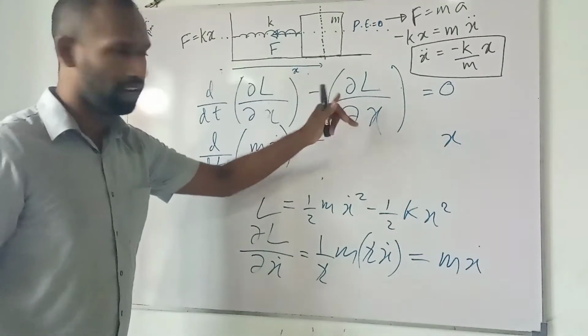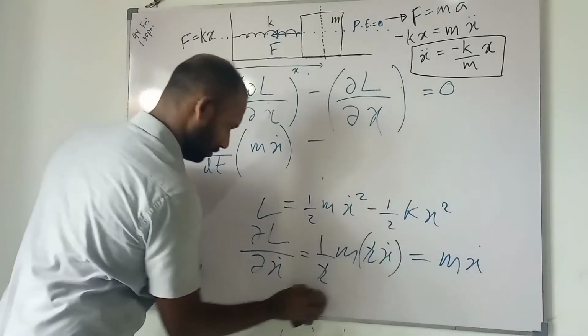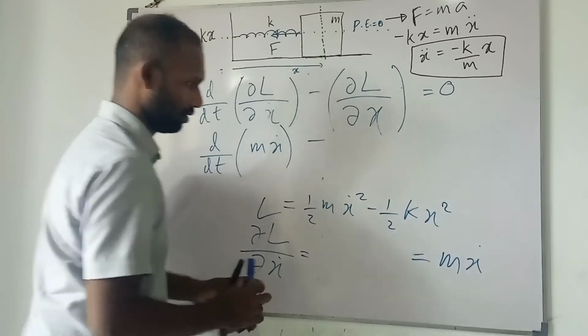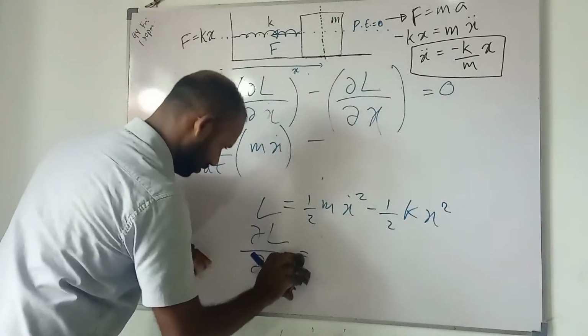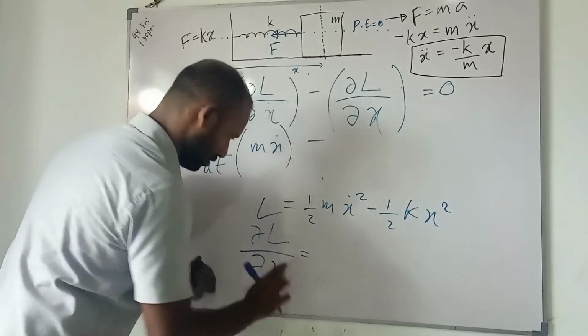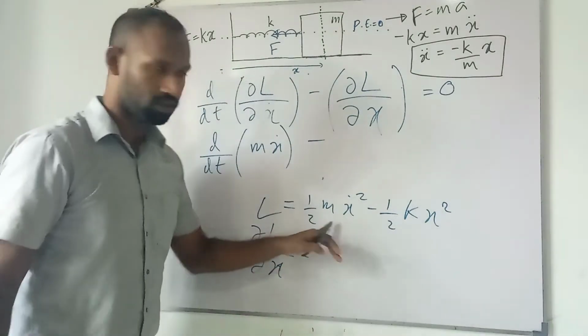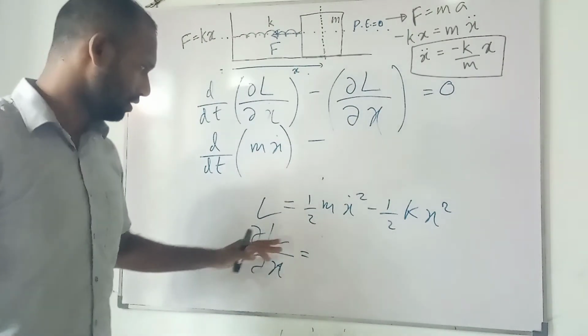So then partial L over partial x. So this is a partial differentiation.